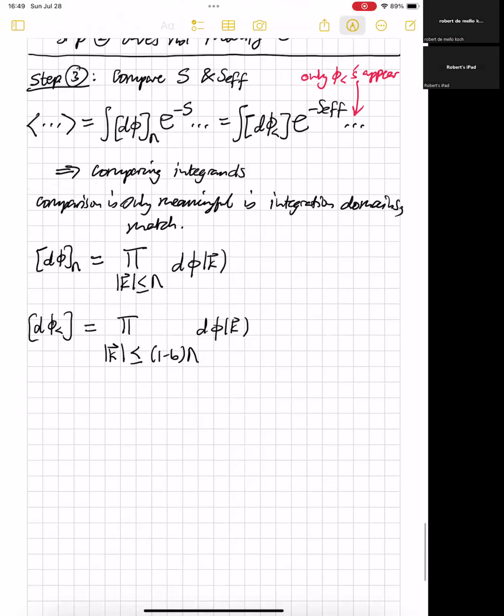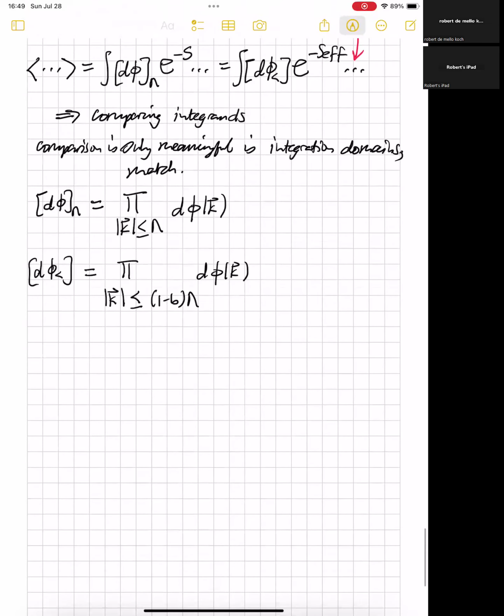Well, I'm going to consider a rescaling of the momenta. Let's put k primed equal to k over 1 minus b. The biggest k, so if we look at k biggest, this will be equal to lambda, that's the biggest momentum that we're allowed, times 1 minus b. Okay, so I'm looking at phi less than, that's the biggest k that's allowed.